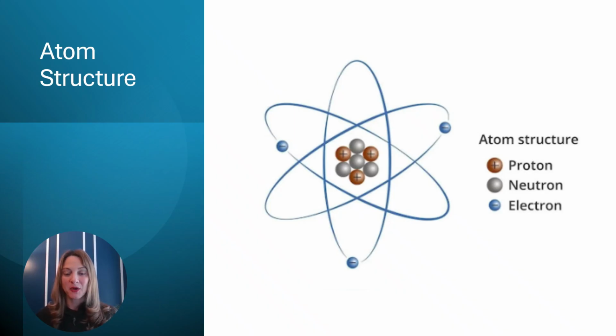The second component is the neutron, and that is represented by the gray circles. And neutrons are neutral, which means they have no charge. So the protons and neutrons are clustered together in the middle of the atom, and that is called the nucleus. The blue circles represent the negatively charged electrons that orbit around the protons and neutrons in the middle of the atom.